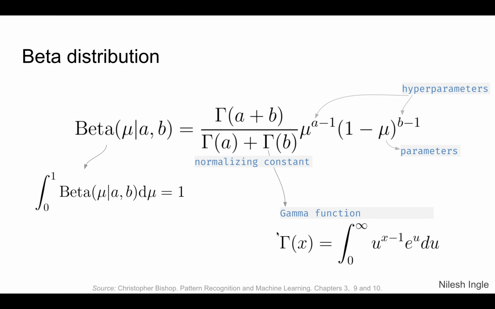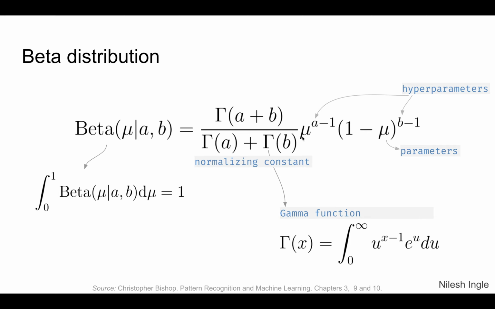Here this is shown by this particular relation right here. For the moment we can ignore this term, which is a normalizing term, that is to bring the values between 0 and 1. On the right hand side, we have the parameter mu.